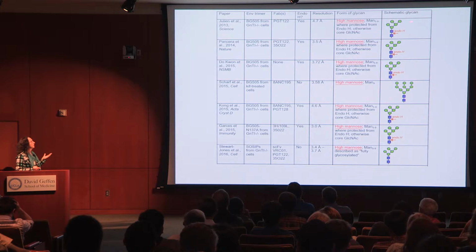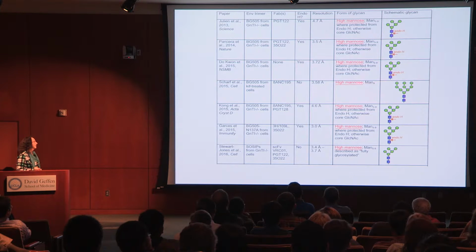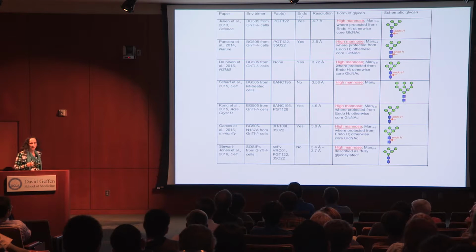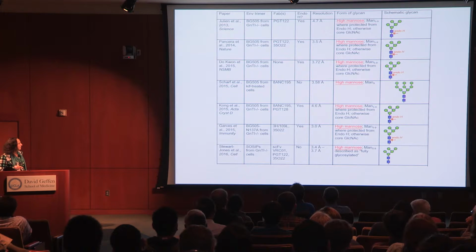So what you end up with is a very small stub of the glycan at any site that's accessible to this enzyme. This is our structure here from Louisa Scharf that was published last year. We didn't treat with Endo H, but it was a high mannose only structure, and we didn't see a lot of ordered glycans. It's unclear exactly why, but I can come back to that later.